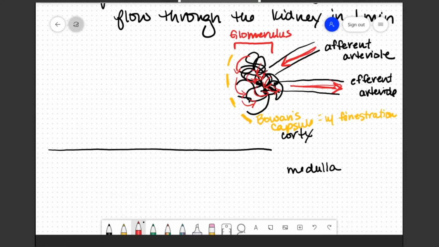So one thing to keep in mind is when we're looking at this structure with the glomerulus and the Bowman's capsule, we are not filtering out cells. Your red blood cells should not be filtered out. They should stay within the blood. Your white blood cells should not be filtered out. They should stay within the blood. What we're filtering out is the plasma. So it's the liquid that is housed as part of that whole blood that is going to get pulled out.